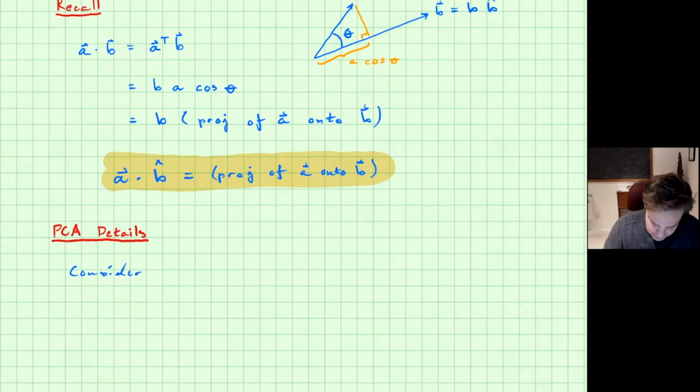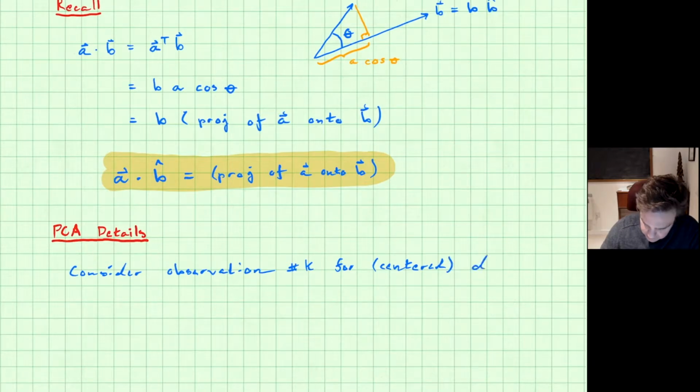We'll call it observation number K. And to make my life easier, I'm going to say for centered data. The centered data is the usual notation; we'll call that matrix X, but I want to highlight this centered because it's important.